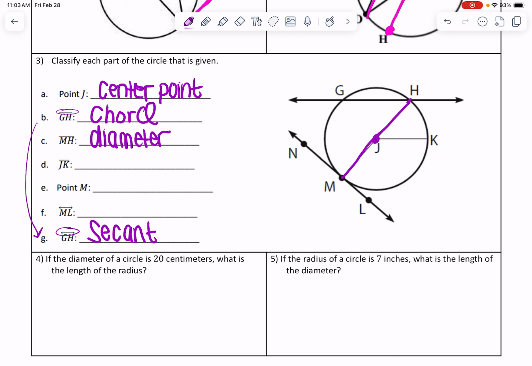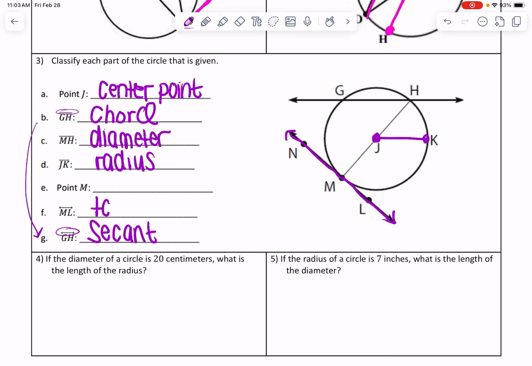J to K would be the center point out. That's your radius. Point M, let me answer F first. If I was looking at ML, which is this whole line here because it extends out, it touches once and it's outside the circle.